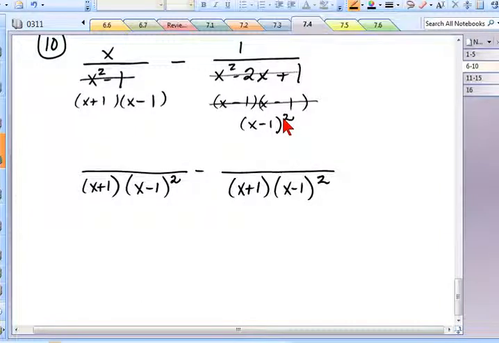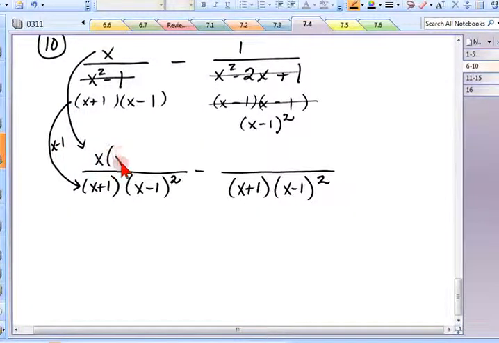All right, now it's time to compare. Look at the old, look at the new. What is the new factor down here? An additional x minus 1. So I'm going to multiply the x that's already up here times an x minus 1, but I'm just going to leave it to multiply in another step. It's x times x minus 1.